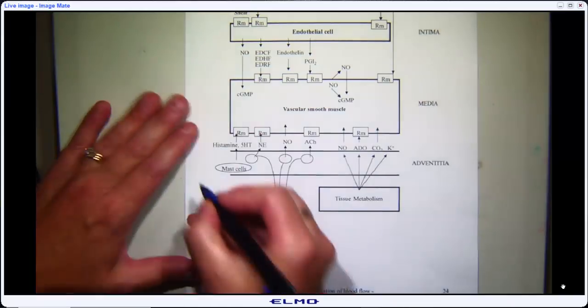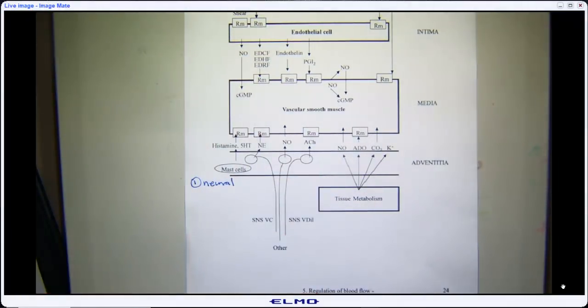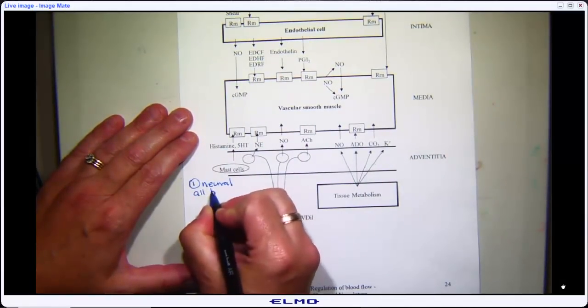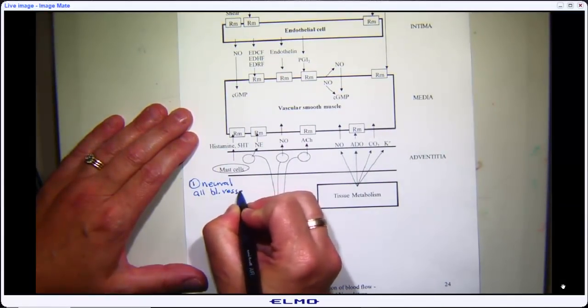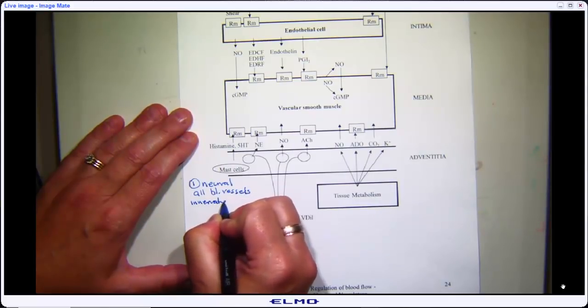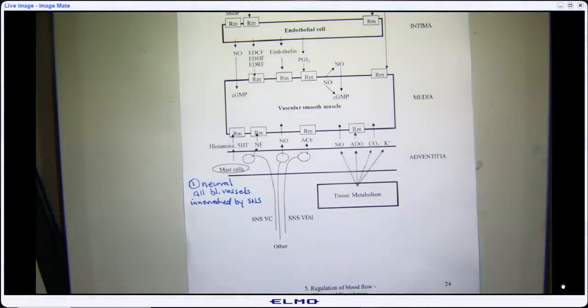So if we think about this smooth muscle and convergence of information, let's just start with the neural input. So we do know that all blood vessels are innervated by the sympathetic nervous system, except the capillaries.